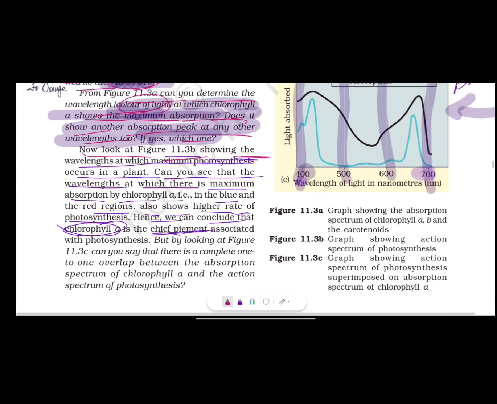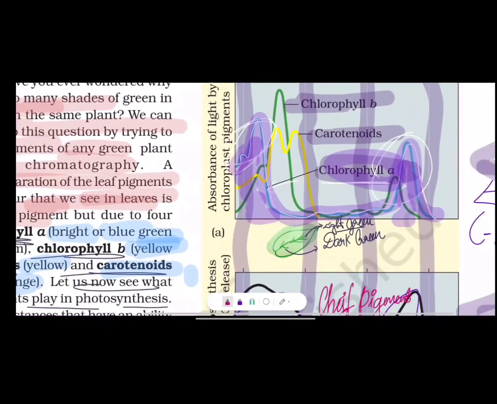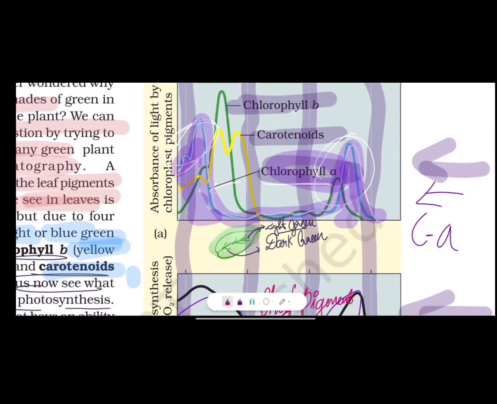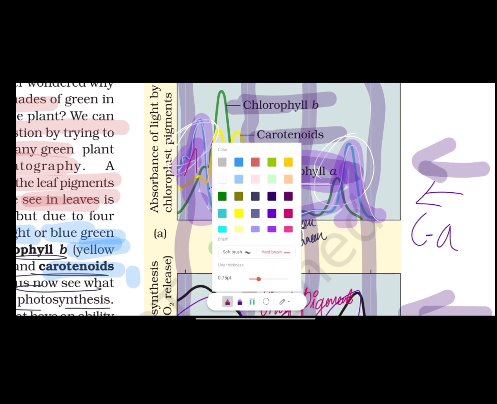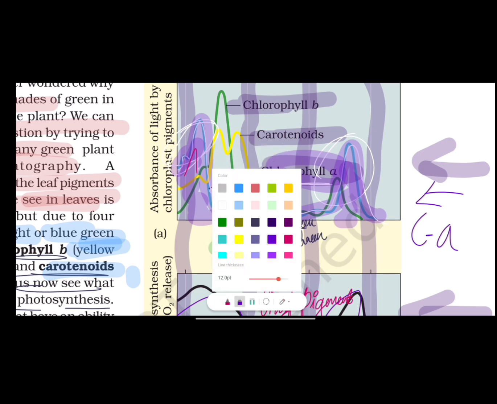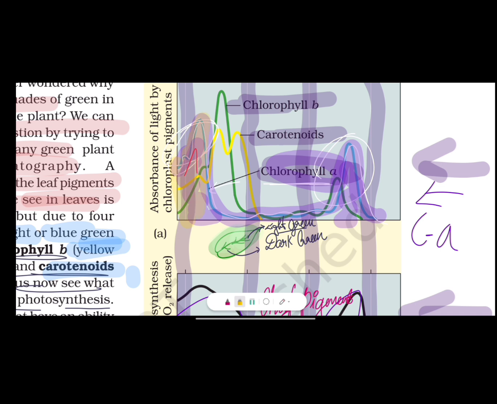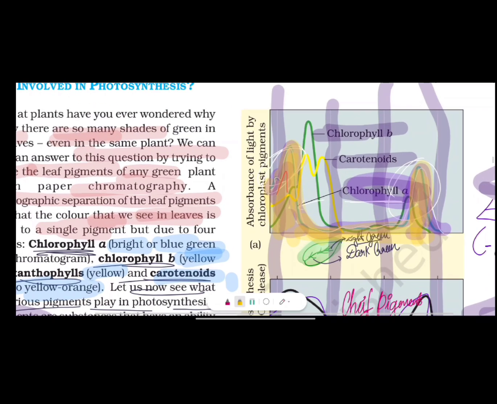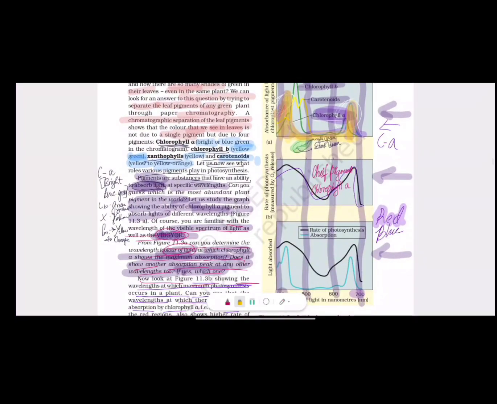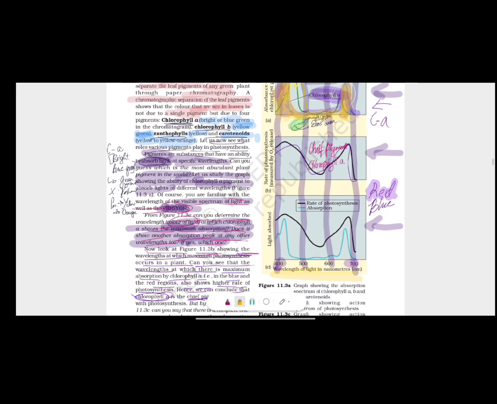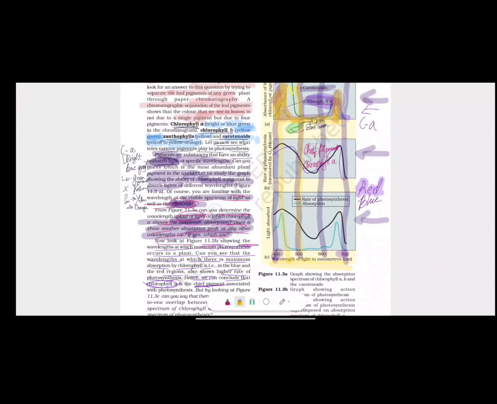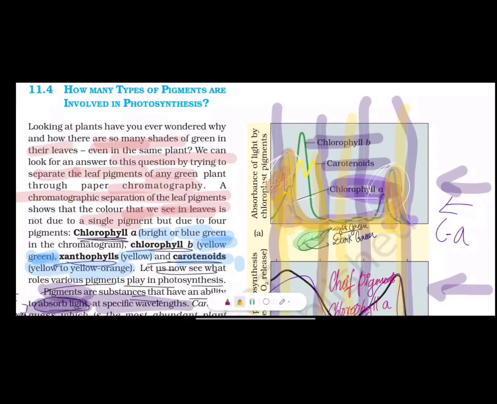We'll see this, and by seeing this, what we can conclude is that this is chlorophyll A's peak 1 and 2. It has two peaks, this one and this one. This wavelength they have given is applicable for all these places. So with this wavelength we can match with the names of the colors, and we can check.